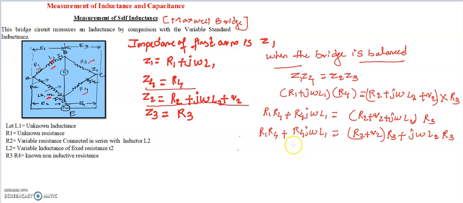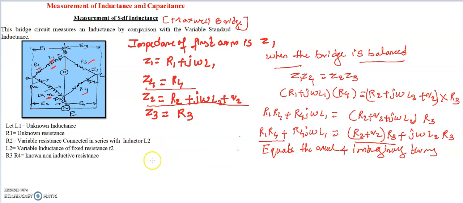Next is equating the real and imaginary terms. On the left hand side the real term is R1 R4, which has to be equated with the real term on the right, R2 plus small r2 into R3.